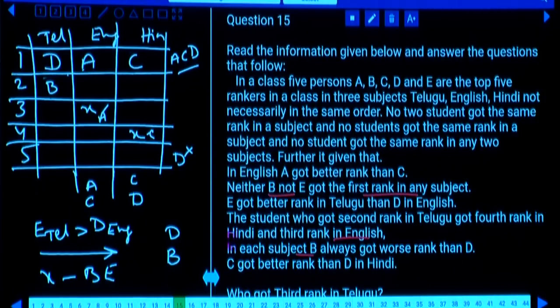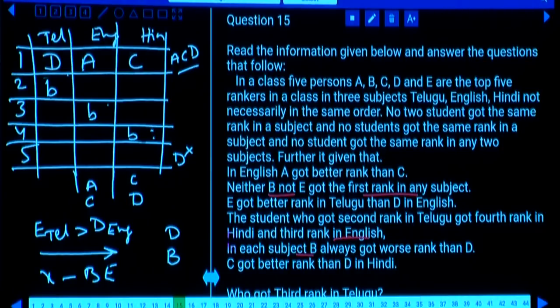Possible. If B is here, then what is the rank of E? Now I am taking B in all the cases because the same person must be repeated in all the cases. B at this place, B at this place, B at this place.